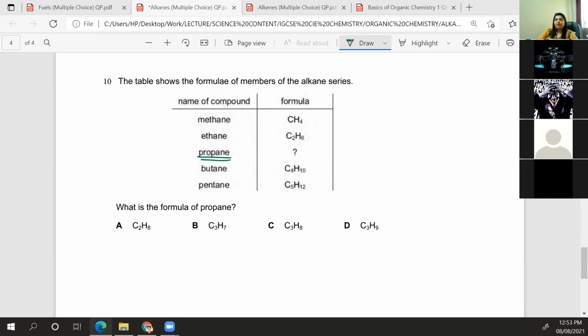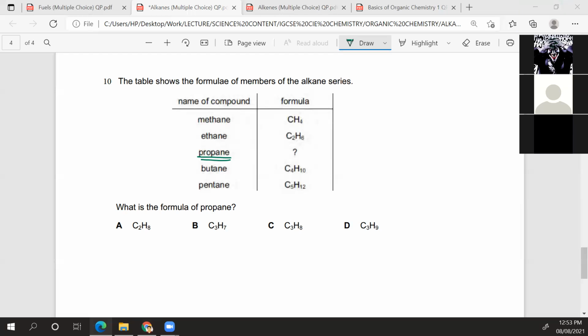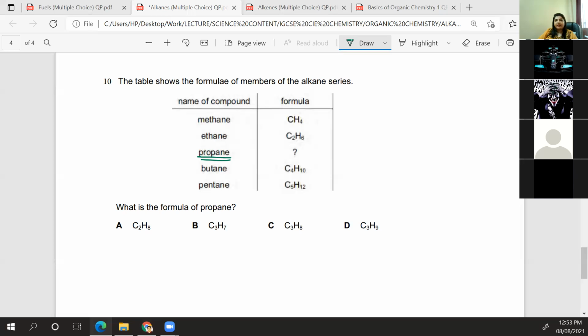Yes, propane will be what? Akbar, can you tell me what will be the formula for propane? Yes, it's C3H8 because it is CnH2n+2.